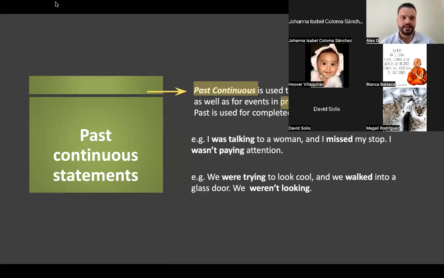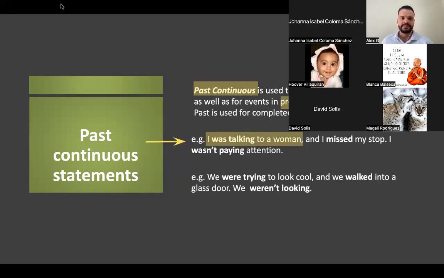So let's take a look at the first example. Joanna, can you read the first example? I was talking to a woman and I missed my stop. I was not paying attention. Excellent. Very good. So here we can see this is the background. I was talking to a woman.